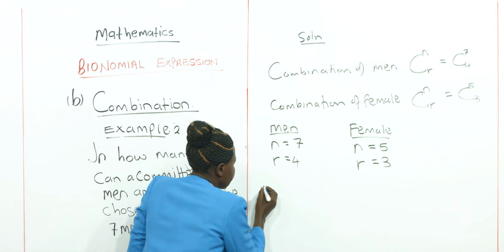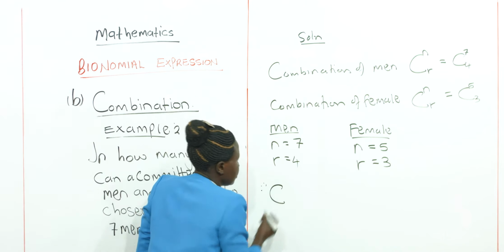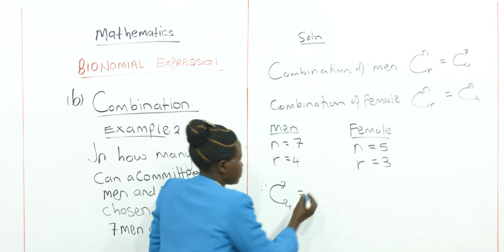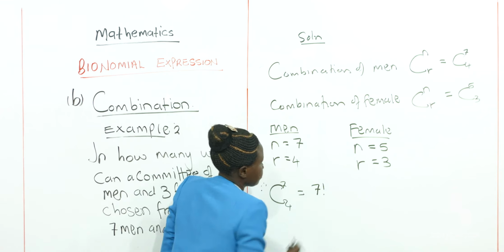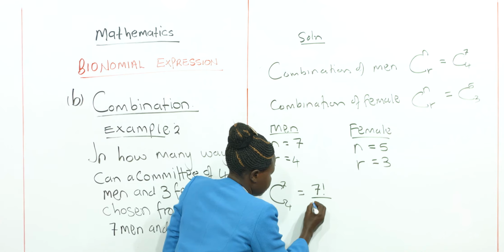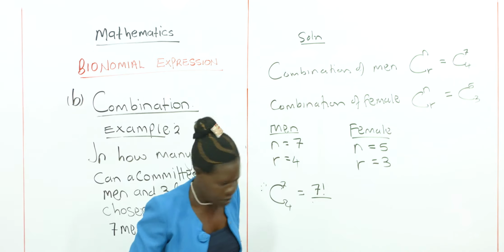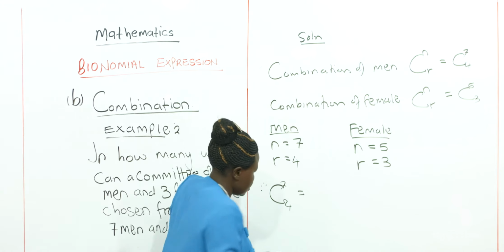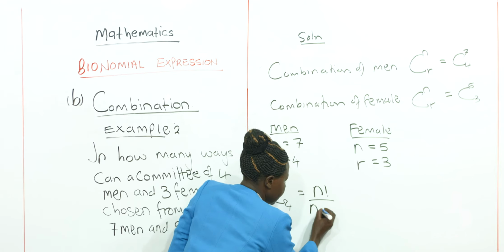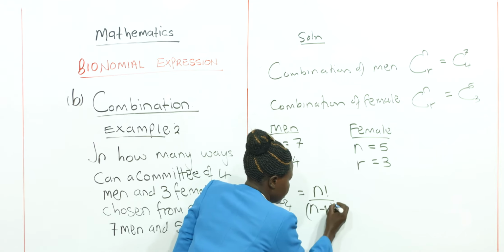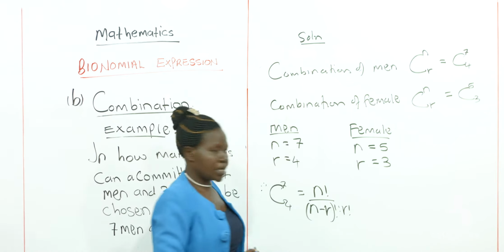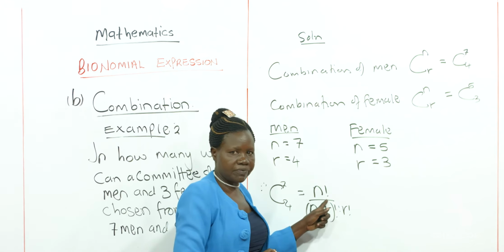So C raised to 7 base 4 is the same as n factorial over n minus r factorial times r factorial. Follow the formula very well so that you don't get confused.